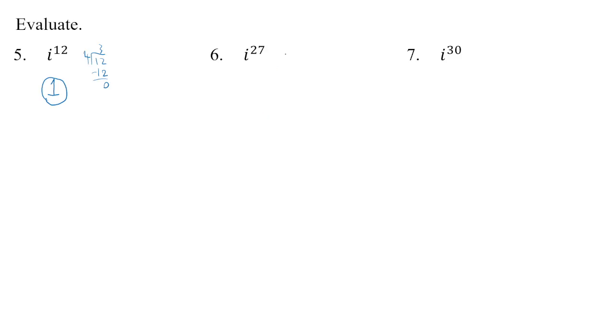Next, we have i to the 27th. 4 goes into 27 6 times. 6 times 4 is 24. 27 minus 24 is 3. So as you can see, the remainder is 3. Therefore, i to the 27th power is negative i.